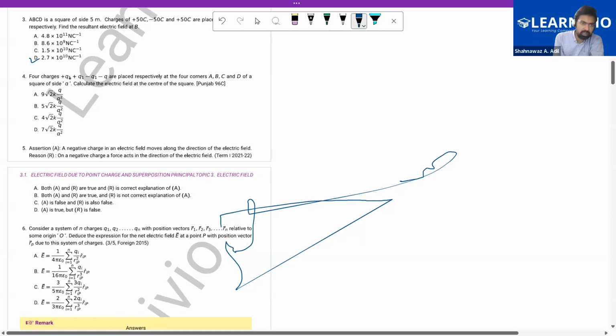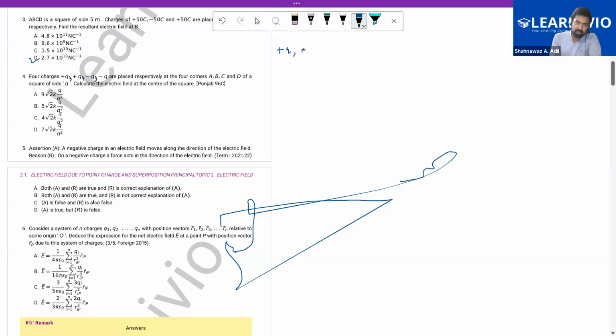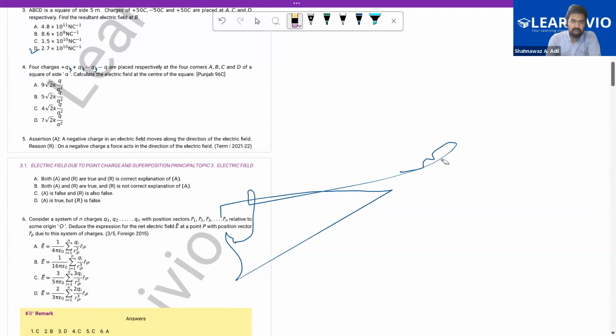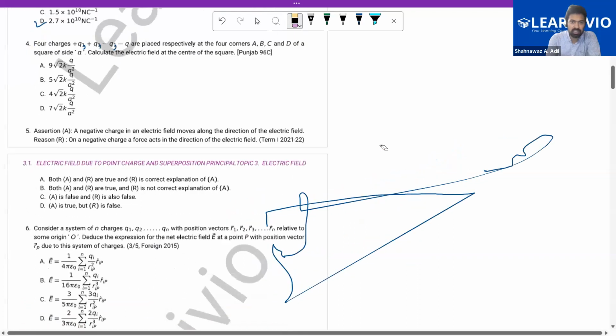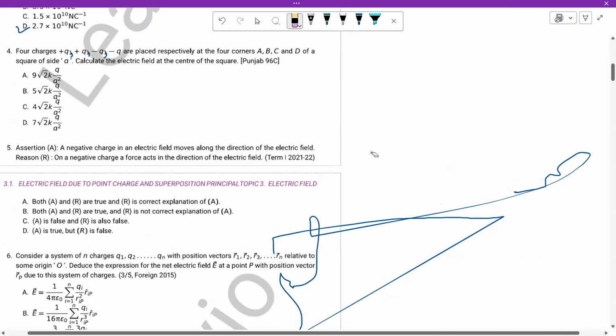So this should be a comma, right? This is not Q1. All these are Qs. So you have plus Q, Q, again plus Q, minus Q, placed at the four corners of ABCD. So let me just draw this and then you practice. If you solve this question, you'll get more confidence.